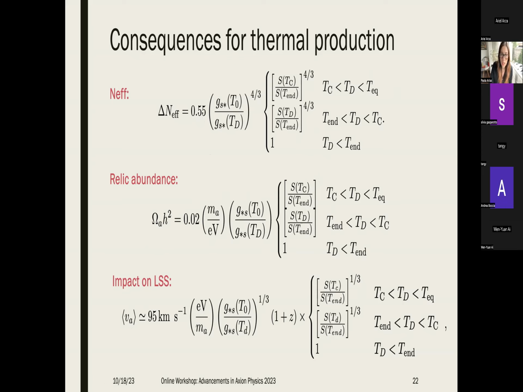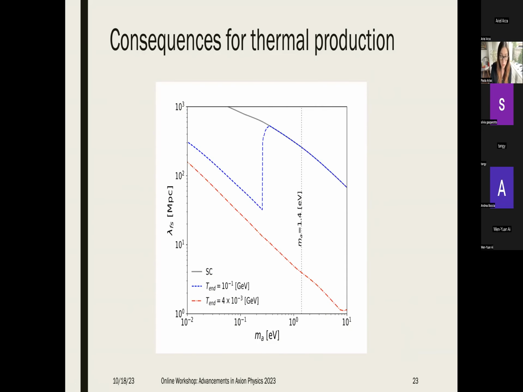Even though, I'm sorry, I forgot I had this plot. This is to show you how dramatically the free streaming length can change in these non-standard cosmologies. So in here, I have different cosmologies. These are all early matter dominated. This is the standard cosmology.